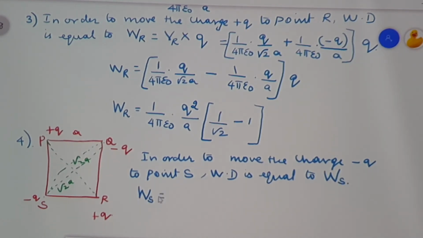W of S, very simple. The similar concept: potential available at the point S, multiplied by the charge moved, minus Q.